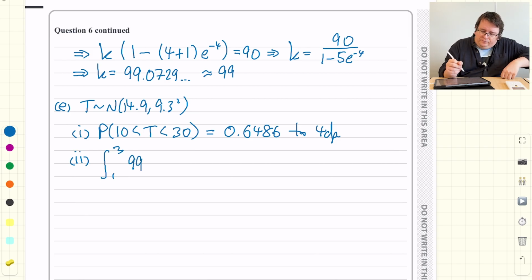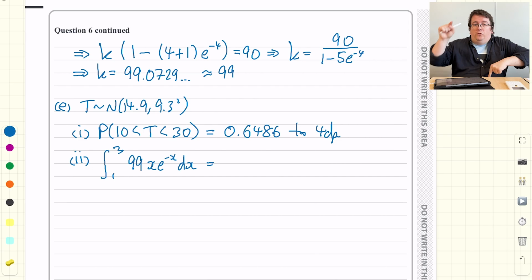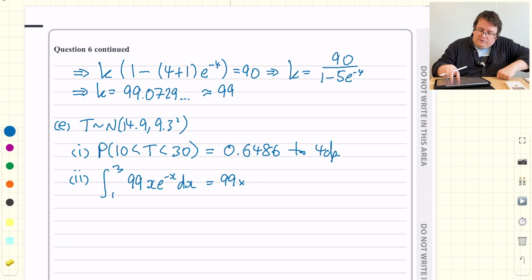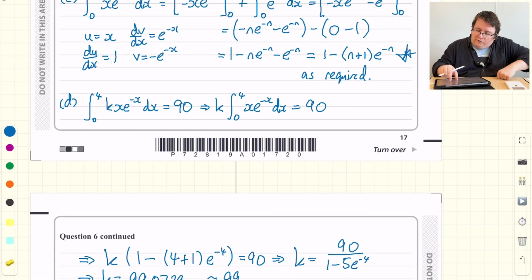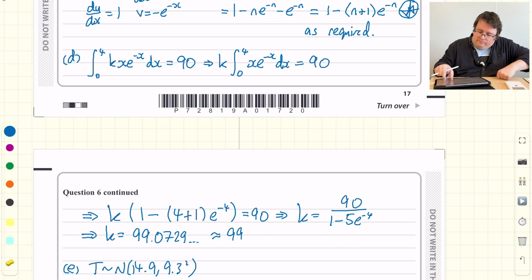99x e to the minus x dx. So that will be the integral from 0 to 3, take away the integral between 0 to 1. So that is 99 times by, so I just need to remind myself of the answer, which was this one again. 1 take away n plus 1 e to the minus n.